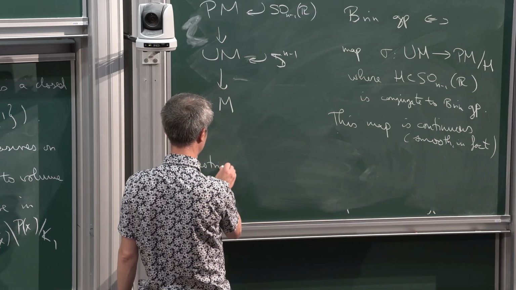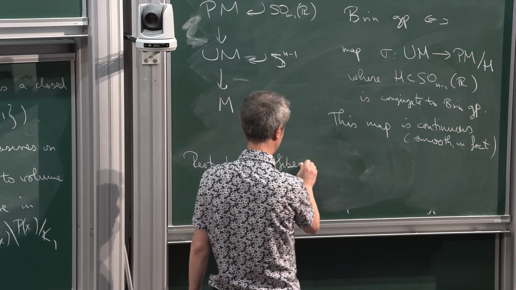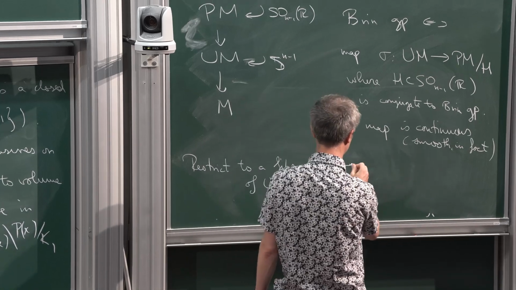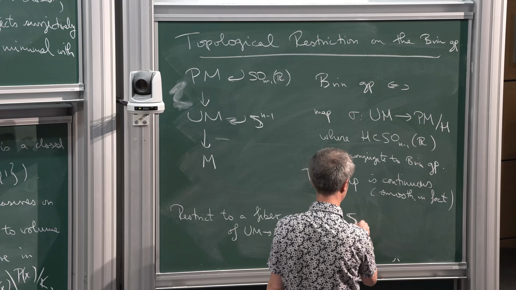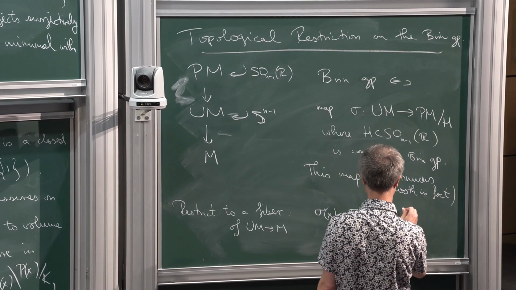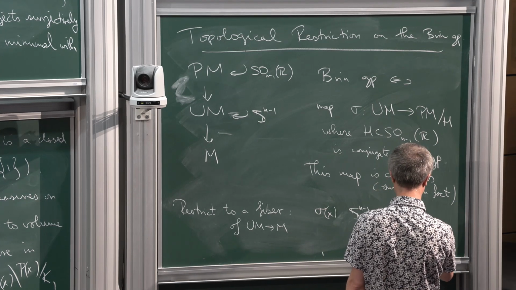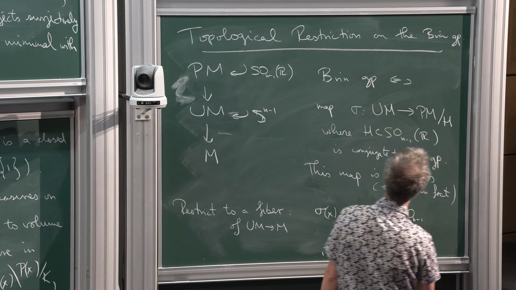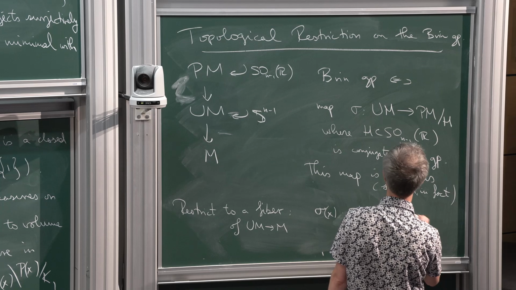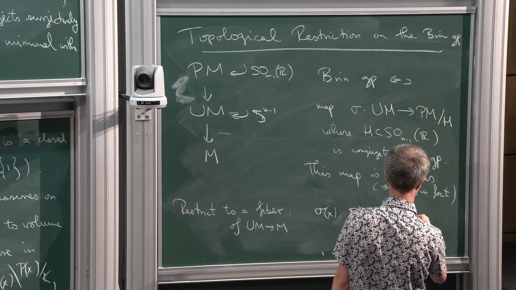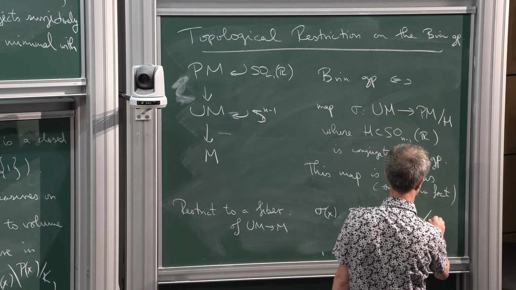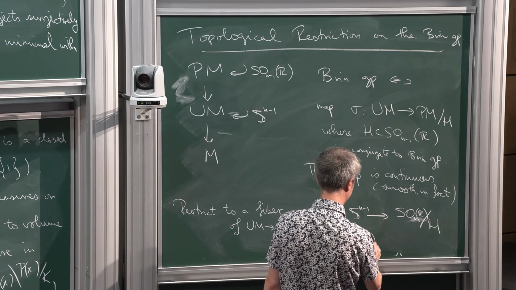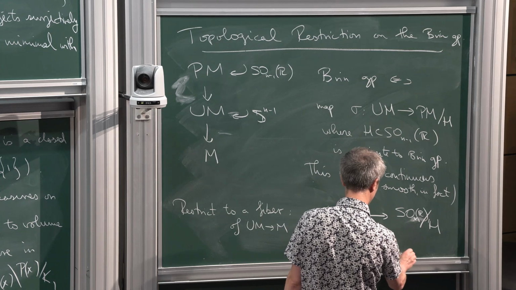And so if we restrict to a fiber of the map from UM to M, we get the map sigma of X from S^(n-1) to SO(n, R) mod SO(n-1).